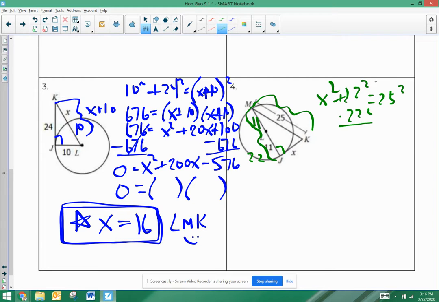So if I subtract 22 squared on both sides, x squared will equal 25 squared minus 22 squared, which is 141. Take the square root of that. That should be a little less than 12. And it is 11.9. Cool.